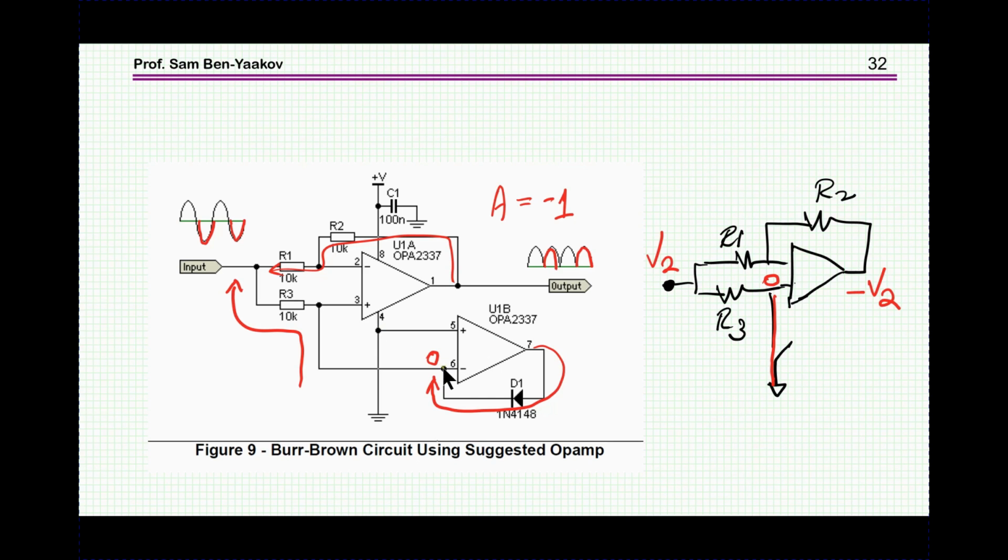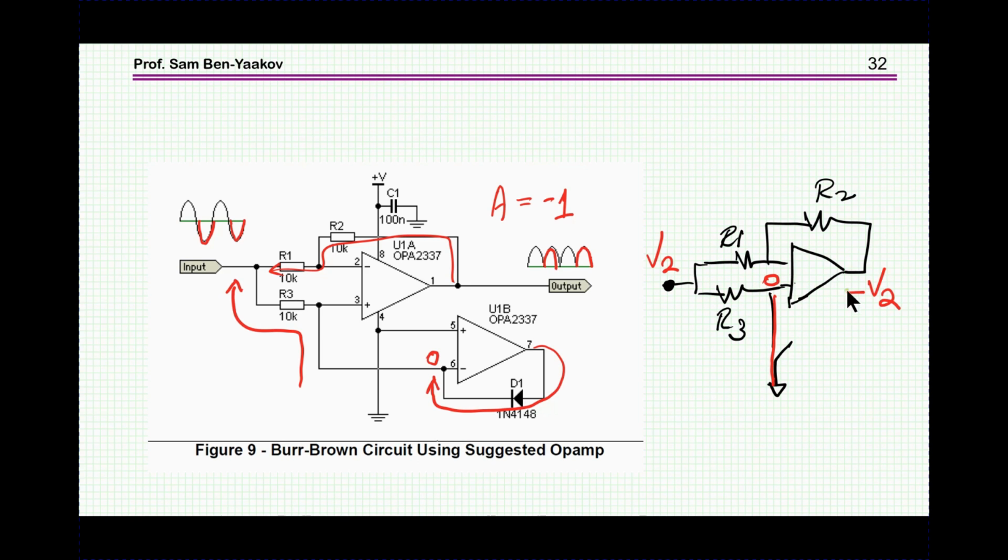So basically we are going to have here something like a short between this point and ground. Here it is. So now this point is grounded. The input voltage is fed here to this inverting amplifier.